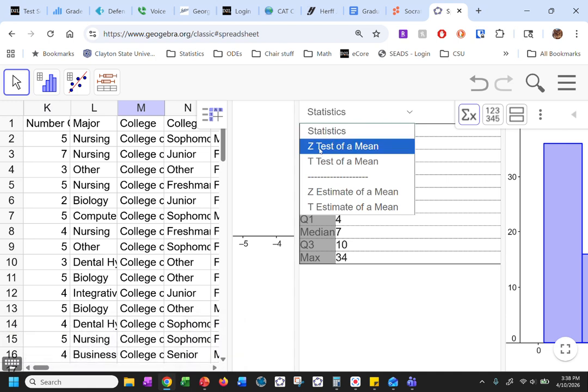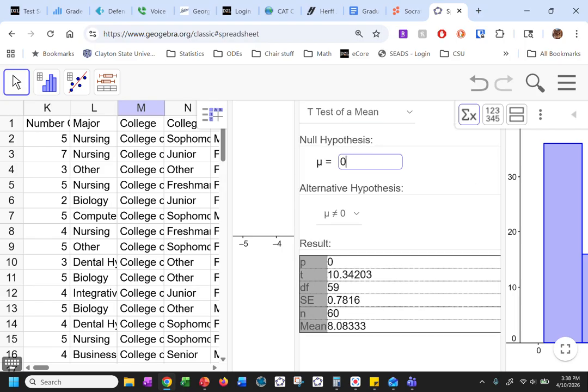And so either a z-test or a t-test, but we were doing a t-test. And our hypothesized mean was 11, so we're going to put that in. Our alternate hypothesis was less than 11, so we're going to select that from the drop-down. And look, our p-value matches exactly out to 5 decimal places, and our t-score matches to 3 decimal places because we remember we rounded ours.